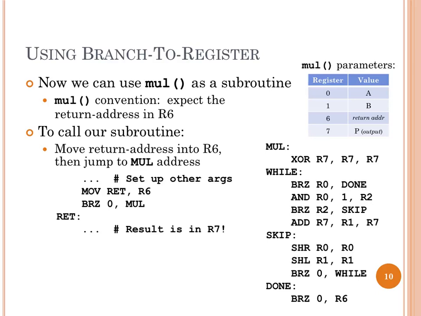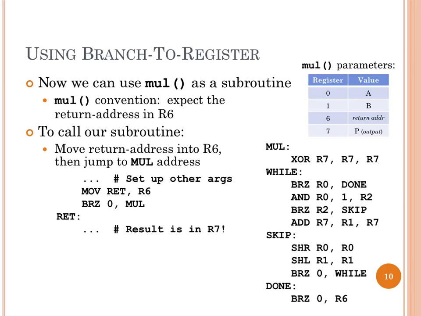And so on the left you can see that we have how to call this thing. We need another label. The label points just past where we call the routine from. So move ret into R6. That's going to move the address of the next instruction into R6. And then we jump to mul. Mul does its magic, expecting that the inputs are as specified up there.